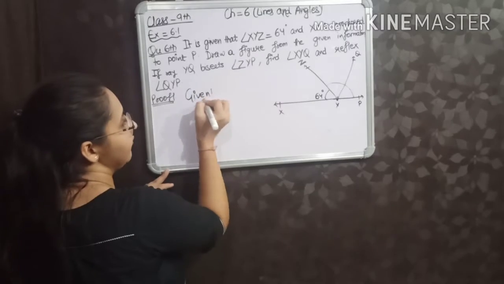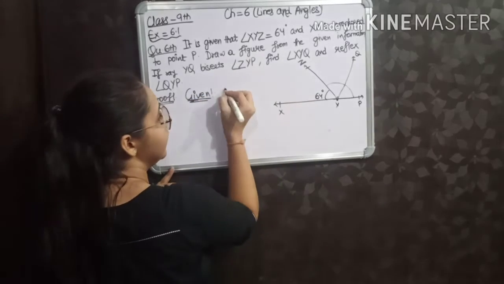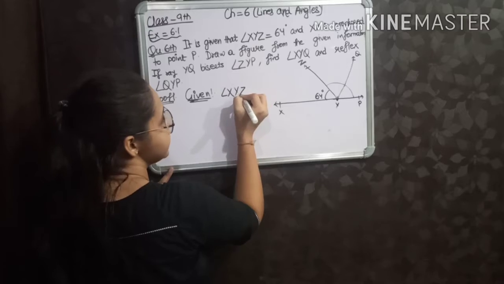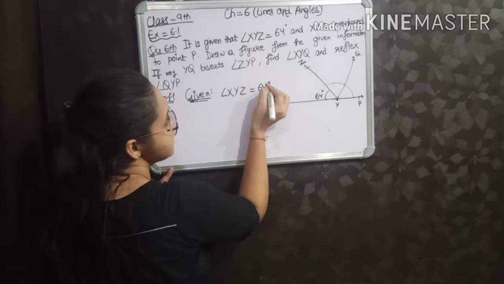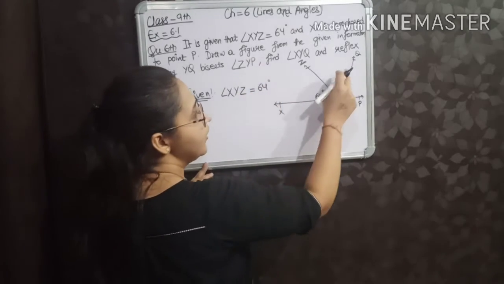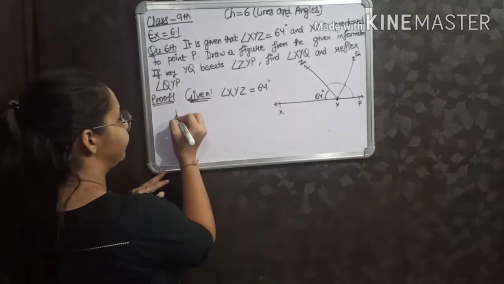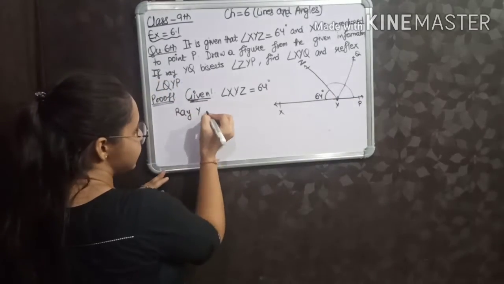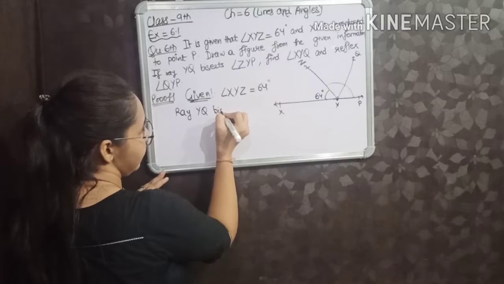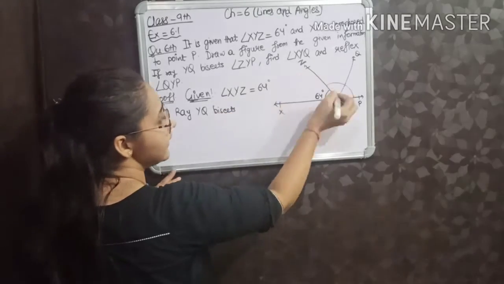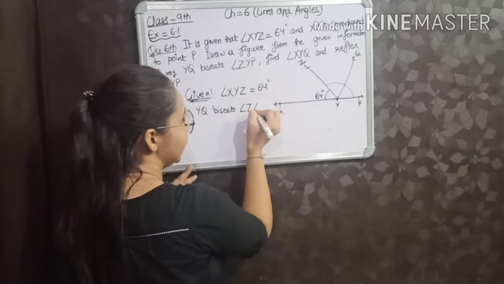Now let's move to our first part. First of all, write given. Given is angle XYZ equal to 64 degree. Now ray YQ bisects angle ZYP.